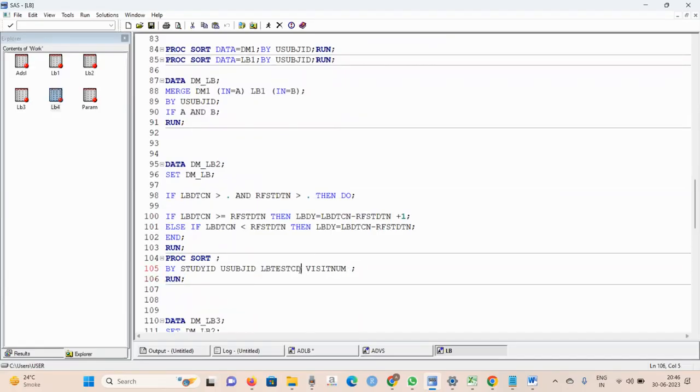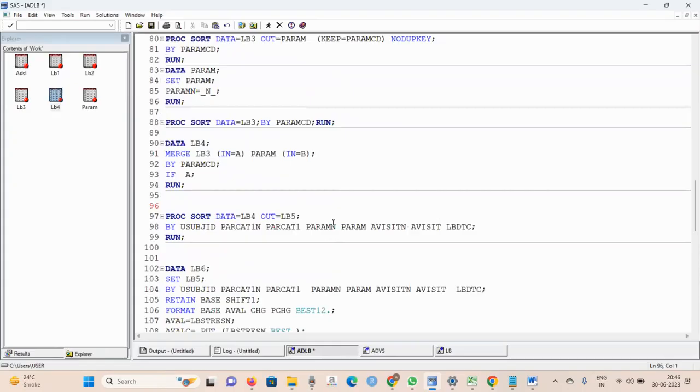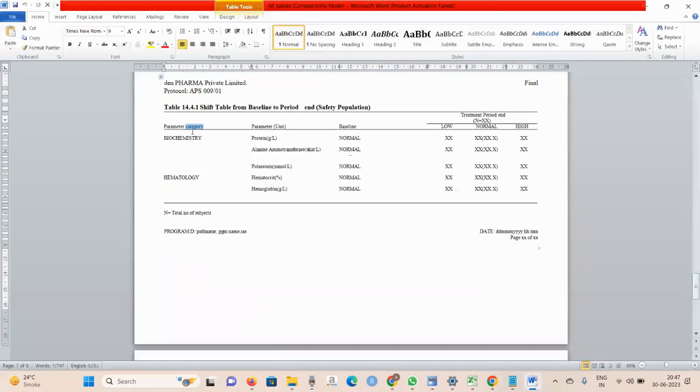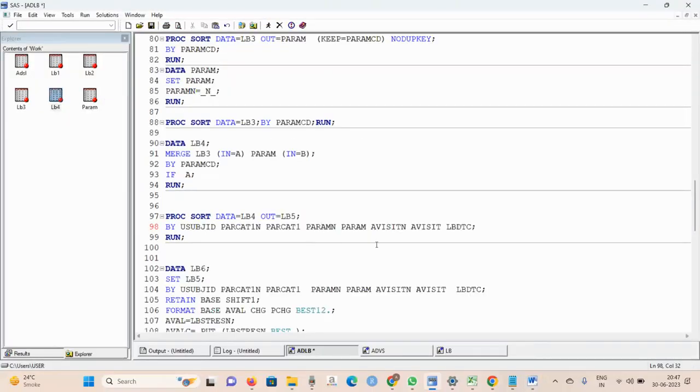Okay, this is the PARAMCD. Here they mentioned the PARAMCD and the visit wise, because in LB we took the param. Paracat one, either you can take PARAM or LBTESTCD. It doesn't matter, because both are the same. This is a short name, this is a long name, so it doesn't matter whichever you take for the classification. And the visit and LB collection date, based on the mock shell only I took it. So here the category, then parameter, for sorting purposes. If you take either way, it doesn't make any changes.